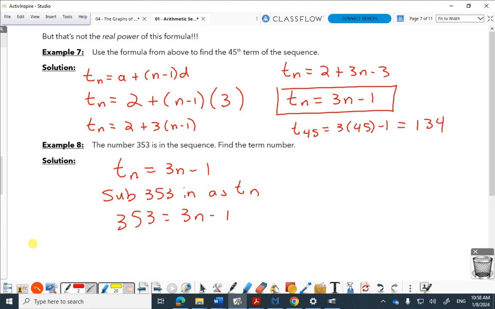We give you a formula, we get you to use it one way, and then we get you to use it backwards. And then we do what he said, which is do the inverse operations. 353 plus 1 equals 3n. 354 equals 3n. Then divide by the 3. And I get 118.